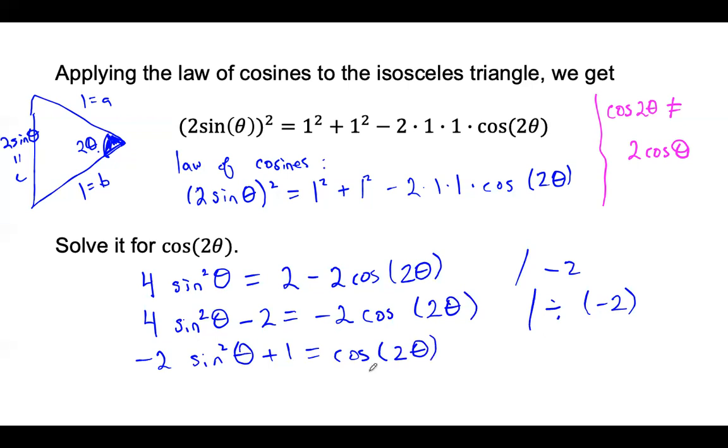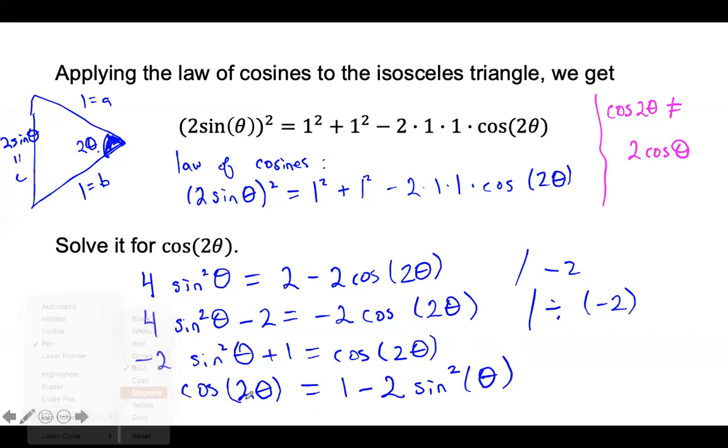And then we could just rearrange it. So cos 2 theta is equal to 1 minus 2 sine squared theta. So this is one of the double angle formulas.